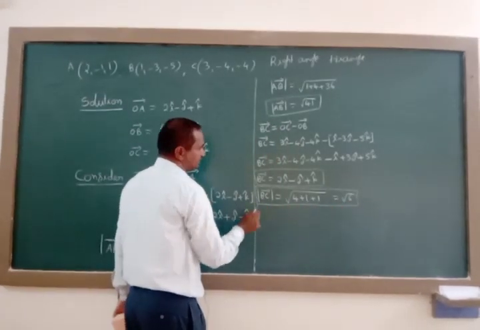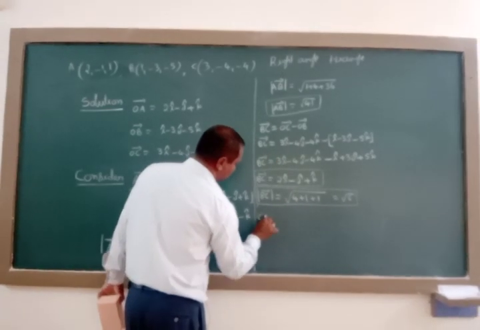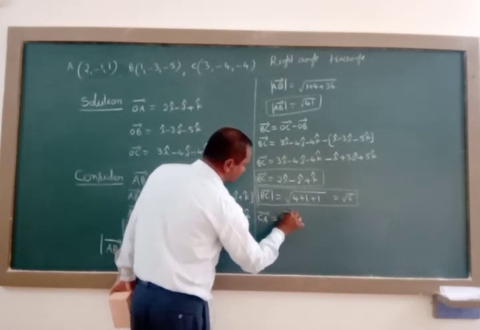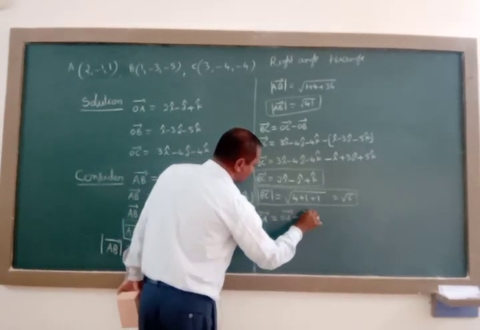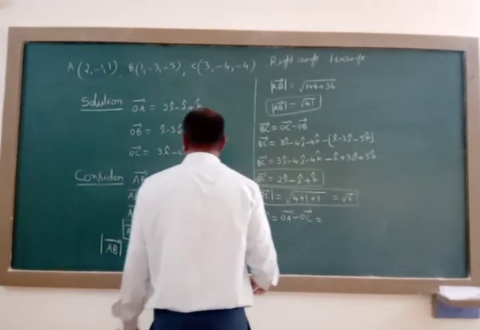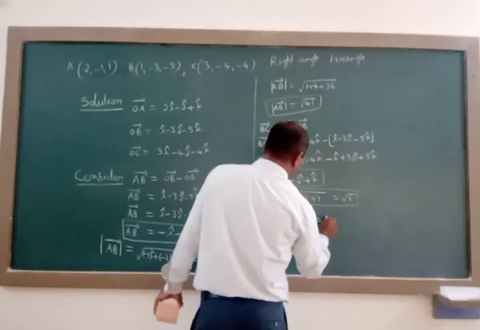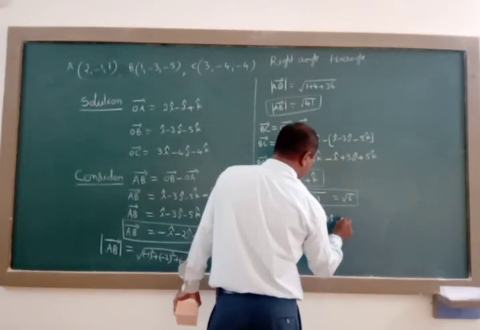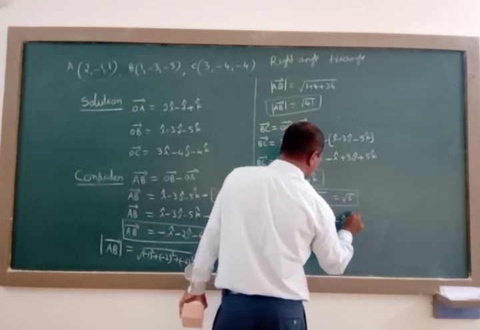Next, afterwards, CA bar. CA bar is equal to OA bar minus OC bar. Second minus first. Here OA bar means we have 2i cap minus j cap plus k cap.